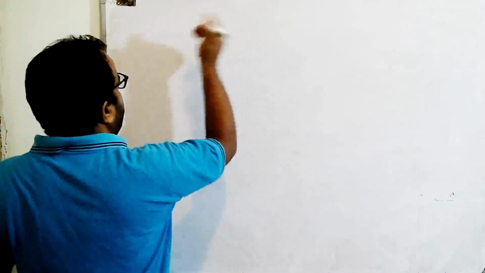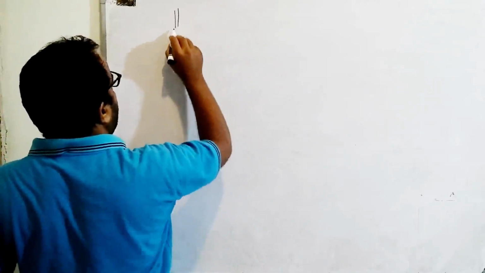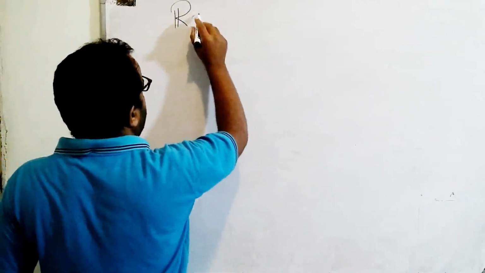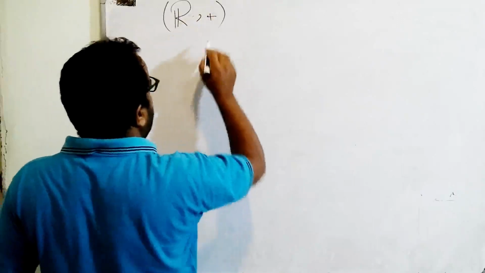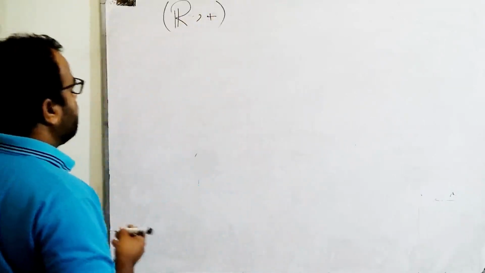So now we are taking the set of real numbers under multiplication. We check whether it is a group or not.